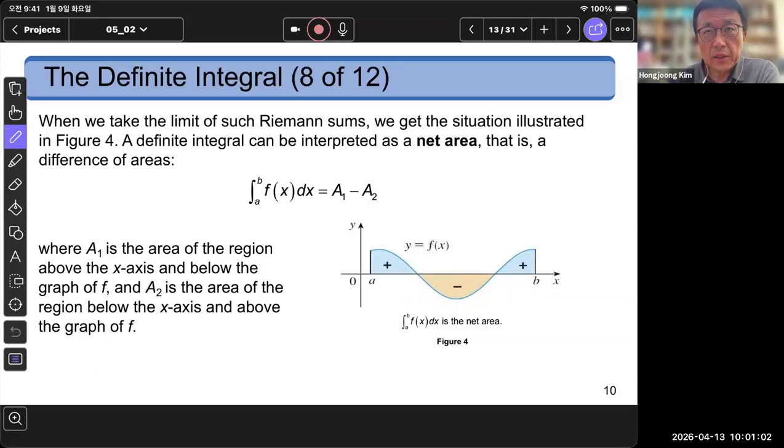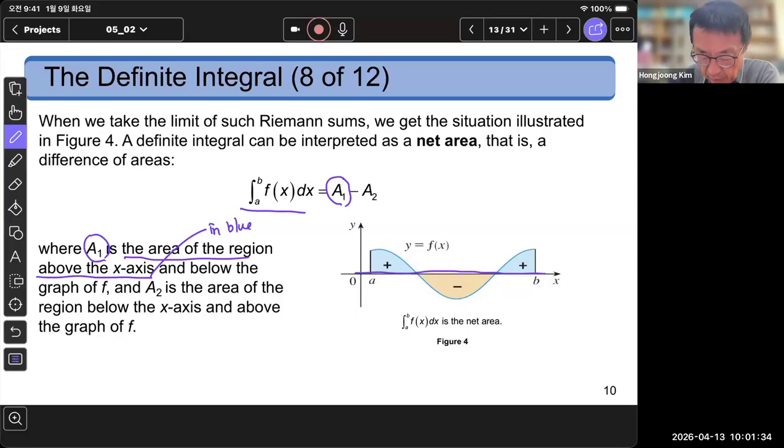If I take the limit, then the integration will be representing the area of the regions above the x-axis. So A1 represents the area of the region in blue, the region above the x-axis.